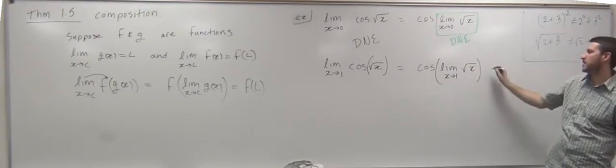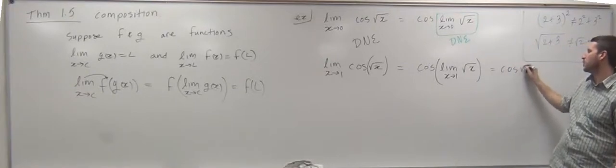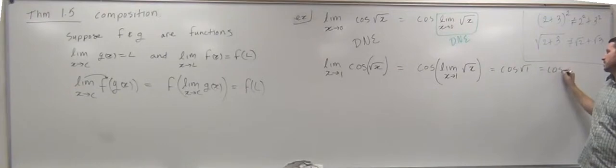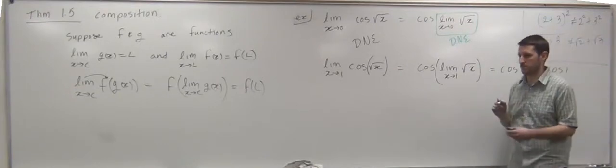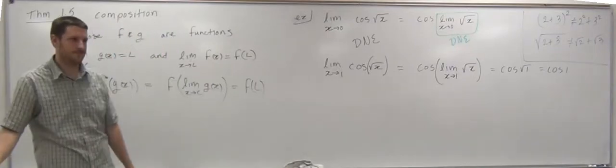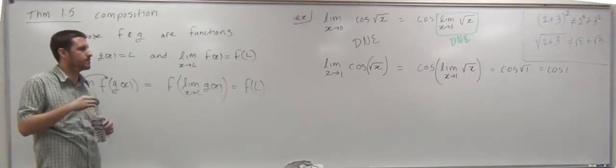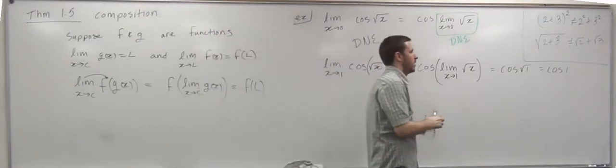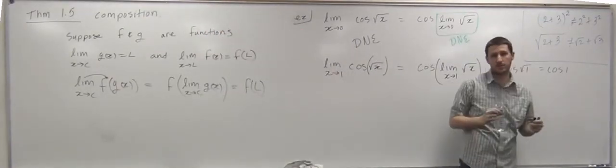So you plug the 1 in here, and you get cosine of root 1, which is just cosine of 1. Cosine of 1 radian is, I don't know. If this were pi over 2, it would be 0.